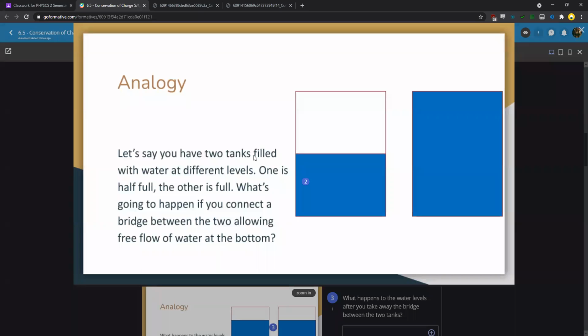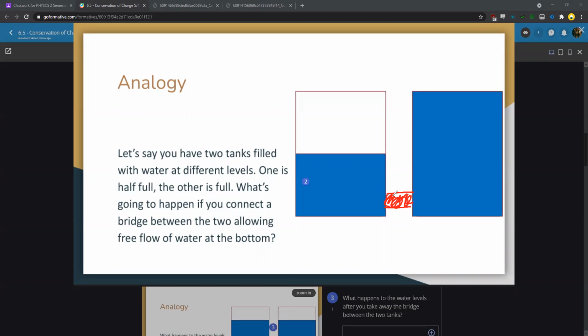One is full, the other is half full. What happens if I connect the bridge? Some of the water from the full tank will go to the half tank. Okay, good. Yeah, the water from the full tank will go to the half tank.